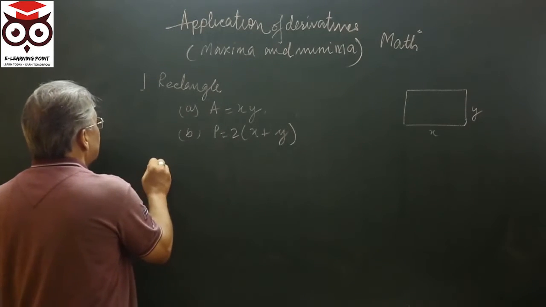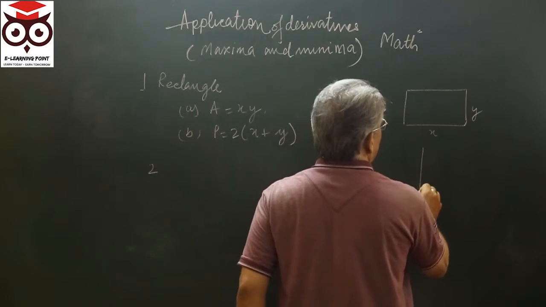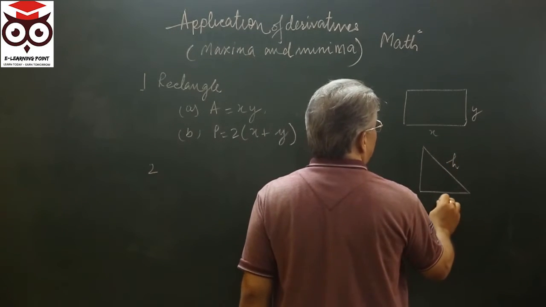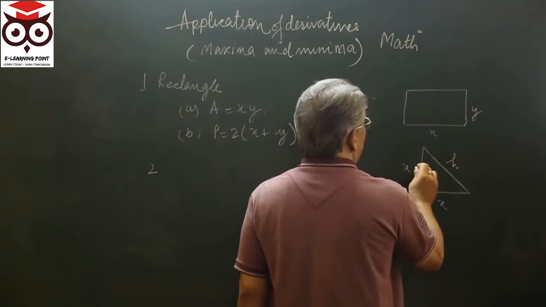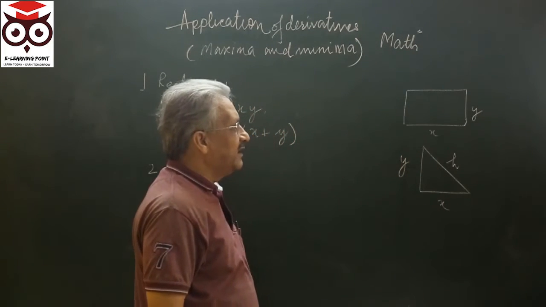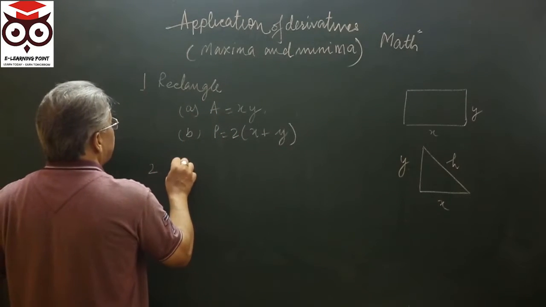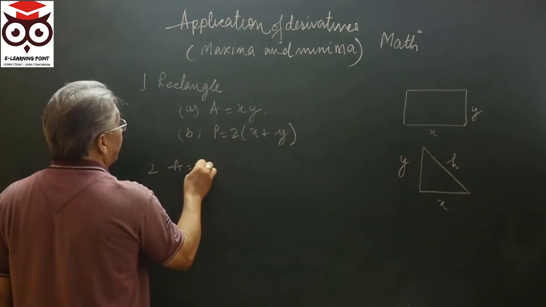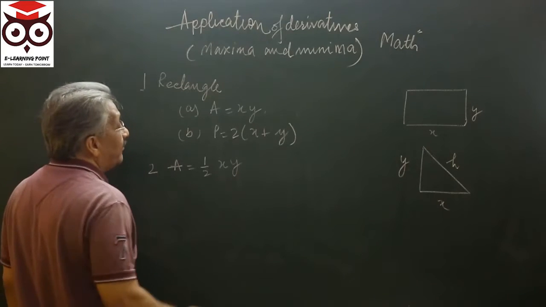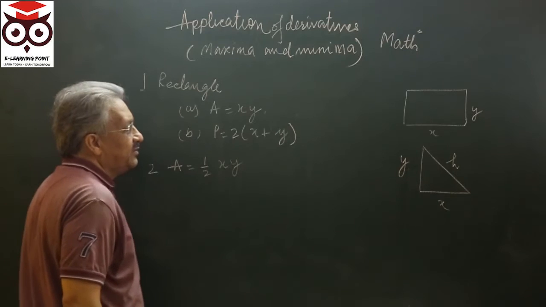Another formula for the right angle triangle. This is h, means hypotenuse, this is x, and this is suppose y. These are the 2 sides of the right angle triangle, and h is the hypotenuse. So what is the area of a right angle triangle? This is half into base into height.